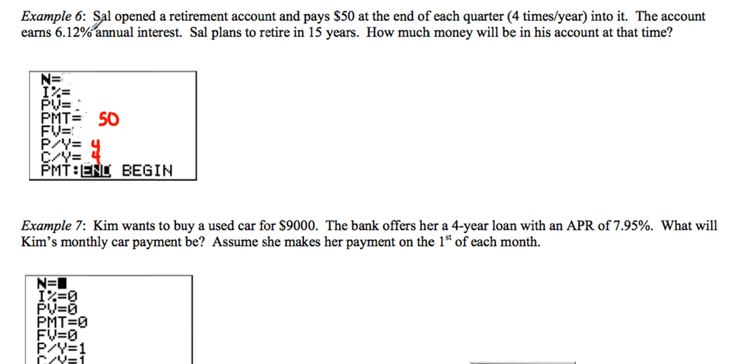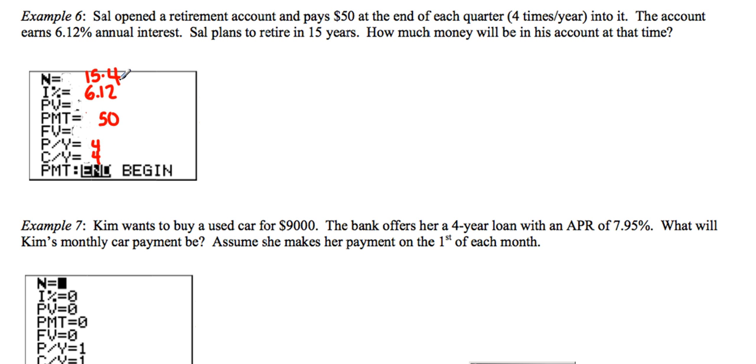Okay, the account earns 6.12% interest. Now, be careful. The interest that you put into the finance app is a straight up interest rate, not a decimal. So we want to put in that exact interest rate. Sal plans to retire in 15 years, so in our N value, it's going to compound 15 years at 4 times per year.